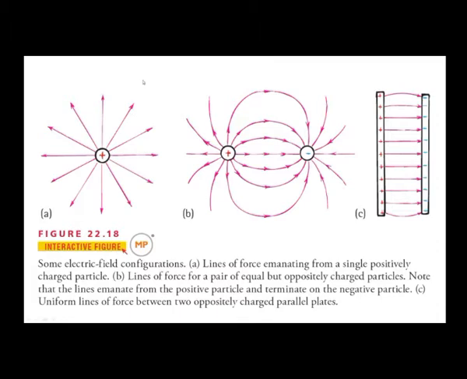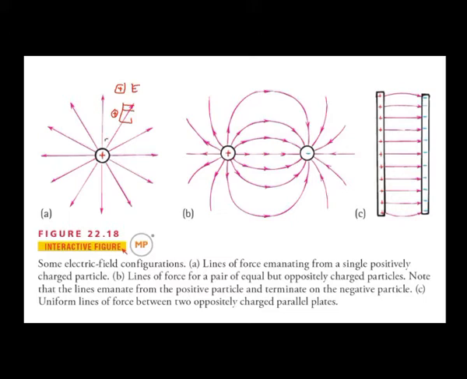So the nearer a test object, say a positive charge, is to the charge we are talking about, the greater also is the electric field. So if the charge is here, then we have a greater electric field, or this proton would feel a greater electric field compared to at this position.